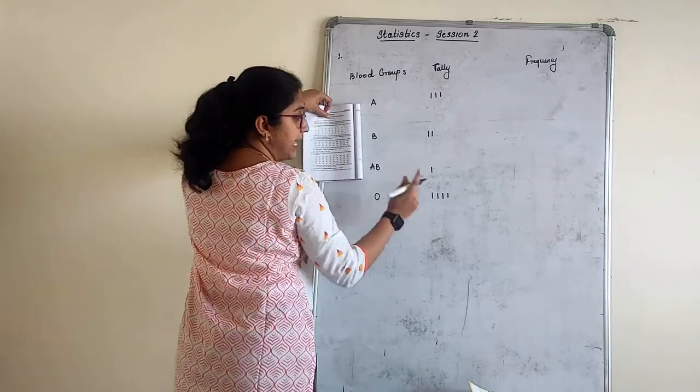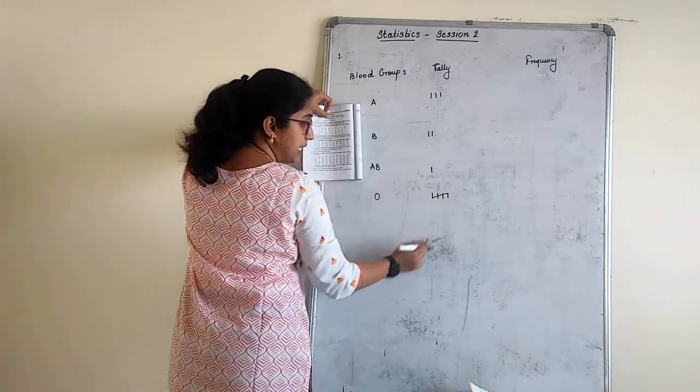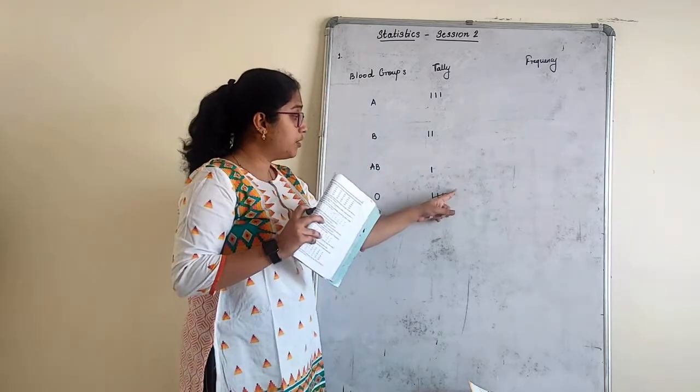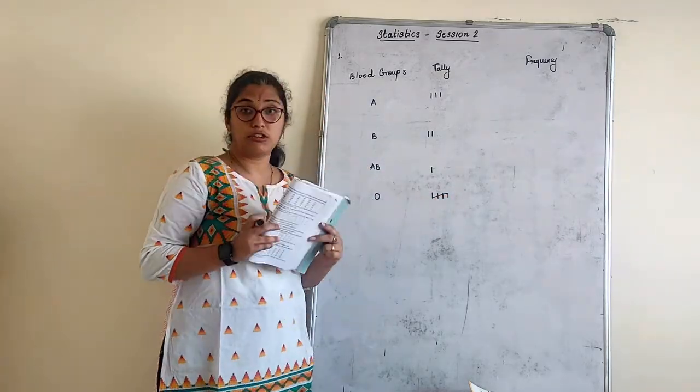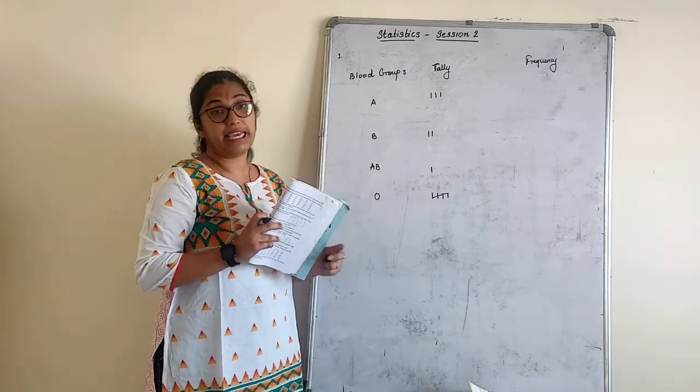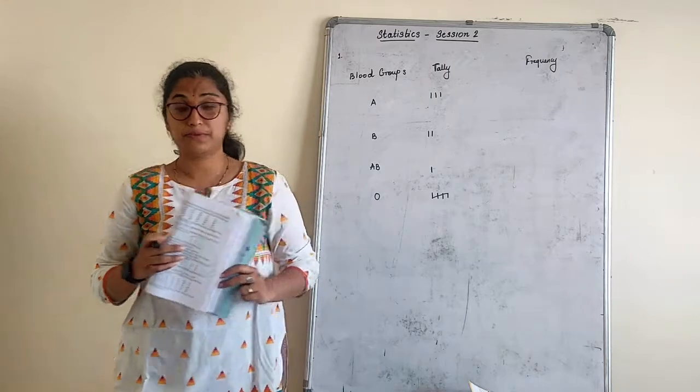The fifth tally is always represented like this, children. After 4, the fifth tally is just a cross mark. Like this, let us represent how many times A, B, AB and O are repeated.